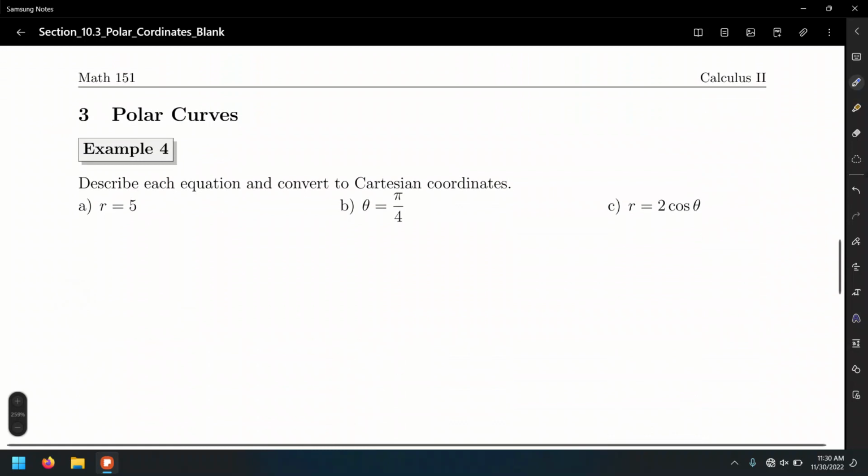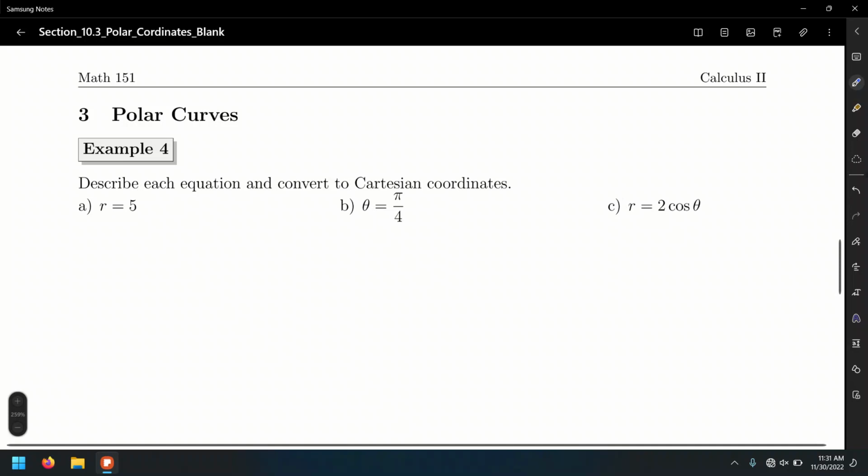So in the same way that we have a library of functions in the rectangular system, we have parabolas, we have other curves, we have lines, we have circles, we have many shapes that are described by equations. So it turns out that we have equations that are described in the polar system.